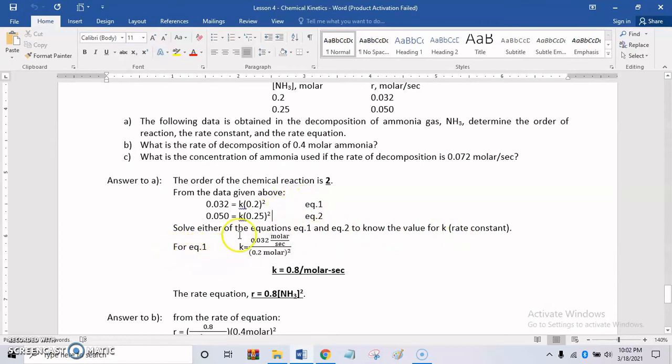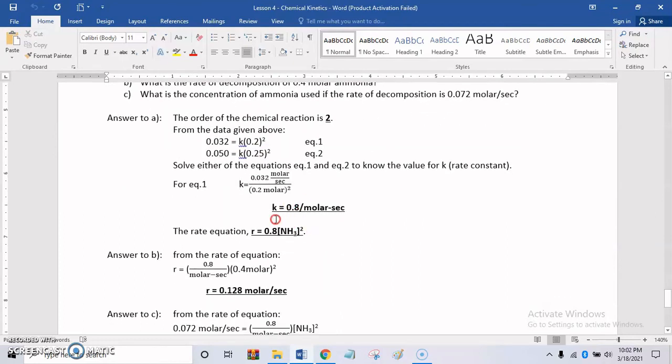For equation 1, we get the K by simply doing this expression: 0.032 molar per second all over 0.2 molar to the power of 2. Now the rate constant K is 0.8 per molar second.